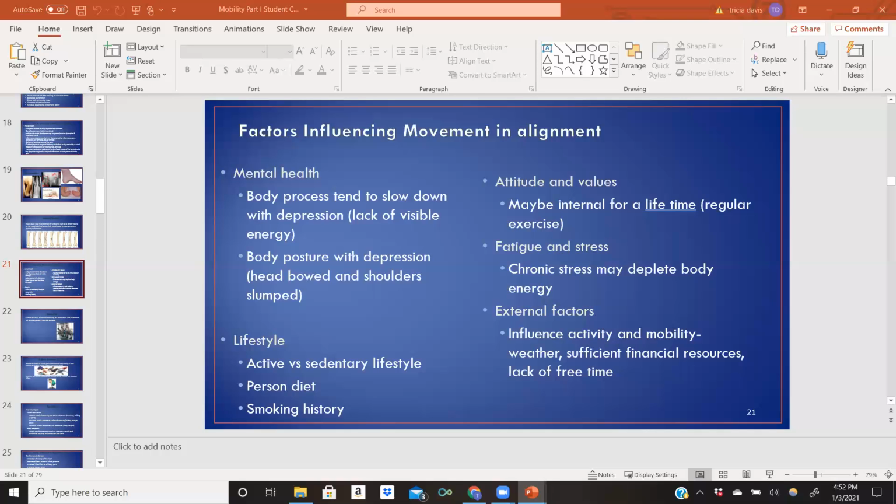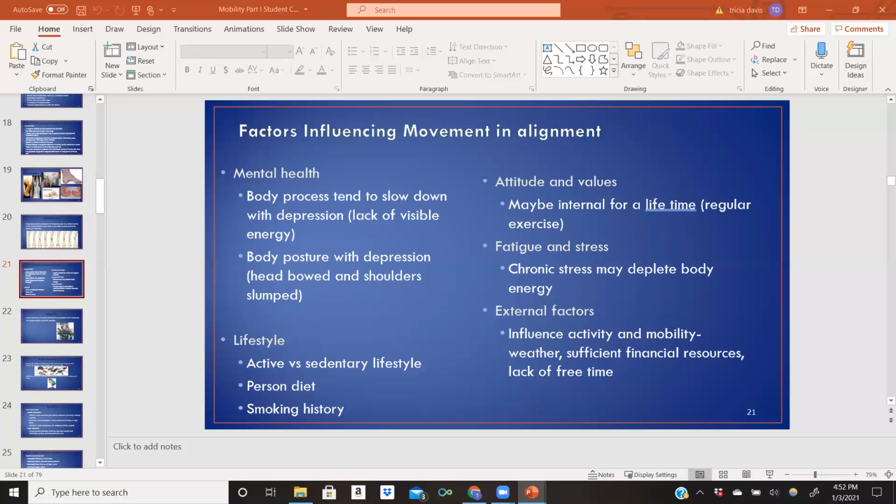It may be internal. So regular exercise, in some families, they are raised to do a lot of physical activity. So in families who like to hike, swim, or play ball together, these children learn very early the value of incorporating regular exercise into your life.